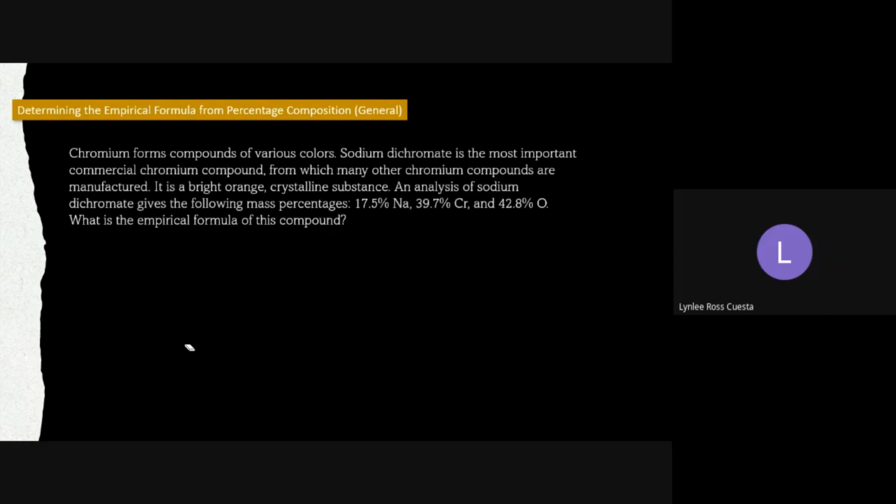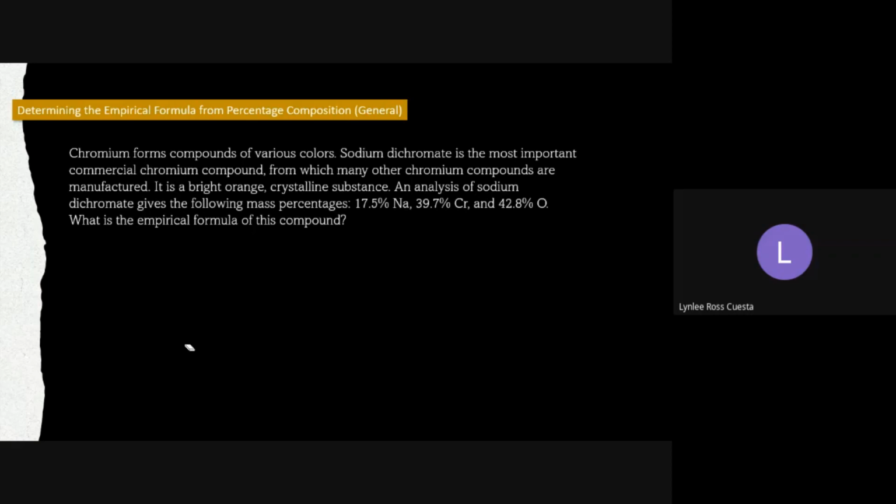Okay, so let's now have another example. We have determining the empirical formula from percentage composition. The problem is, chromium forms compounds of various colors. Sodium dichromate is the most important commercial chromium compound, from which many other chromium compounds are manufactured.